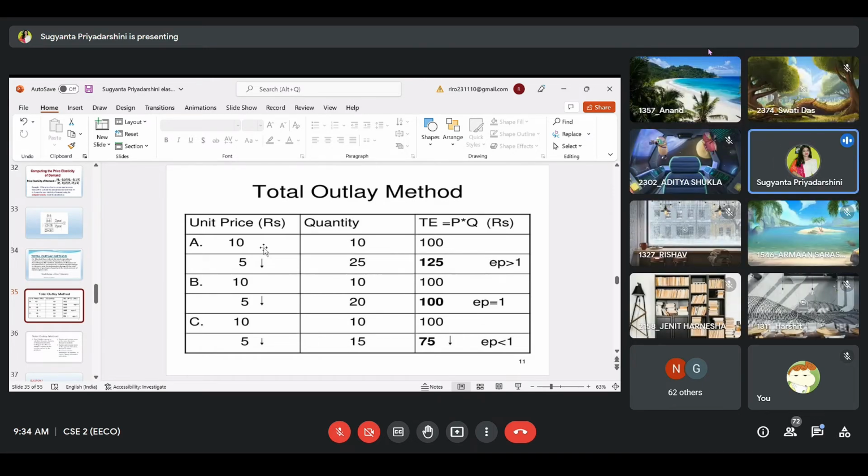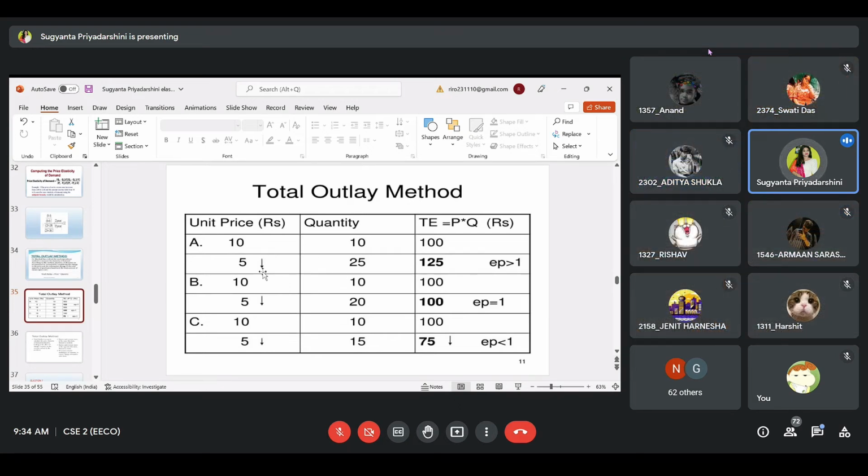So when there is a fall in price and an increase in total expenditure or vice versa, if there is an inverse relationship between price and total expenditure, then we can call it a case of elastic demand. See, the price is falling, total expenditure is increasing. As there is an inverse relationship, elasticity will be greater than 1.